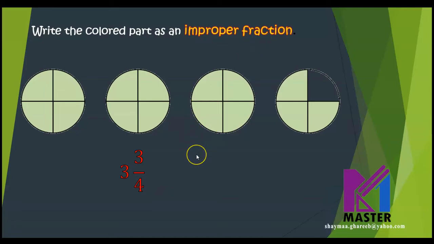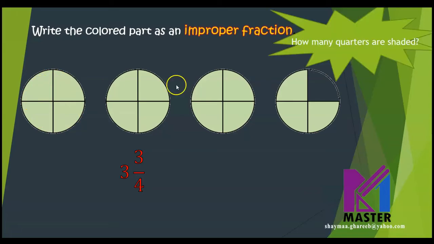How can we write it as an improper fraction from the drawing? We said by counting the small parts. Each shape here is divided into 4 equal parts, as you can see, which means each small part here is 1/4, or 1 over 4.